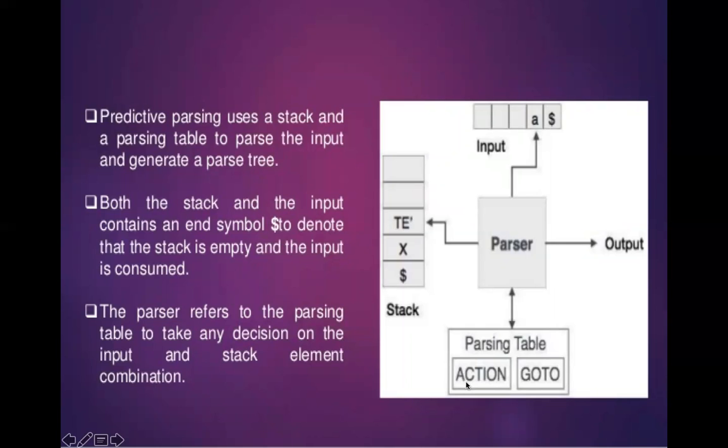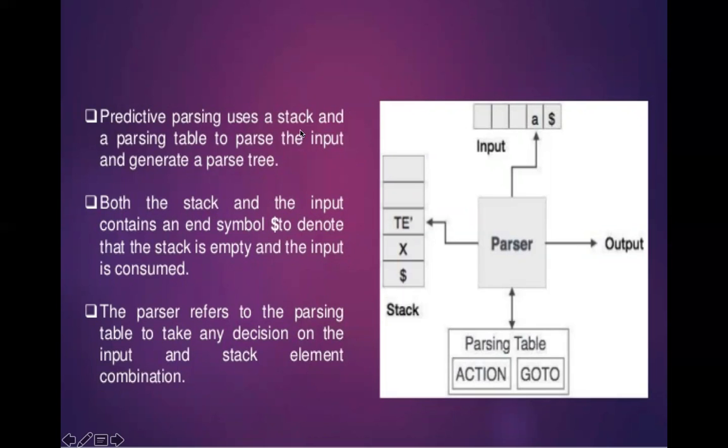It performs the action and goto, and after that it produces the output. If the string is accepted, it says accepted; otherwise it produces an error.